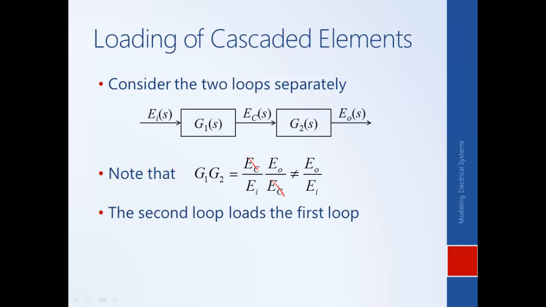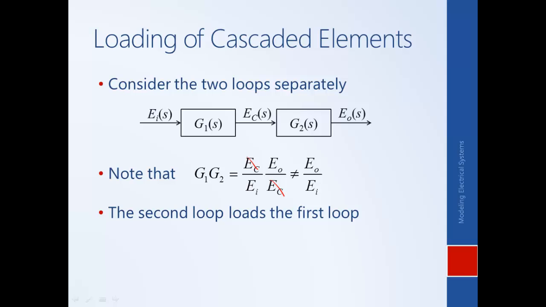And the reason is that in circuits, this second loop can load the first loop. In essence, the impedance of the second loop can affect the way that current flows and the dynamics of the first loop. A perhaps more intuitive way to think about this would be to think of two fluid systems or two hydraulic systems in series, or even modeling the flow of traffic.